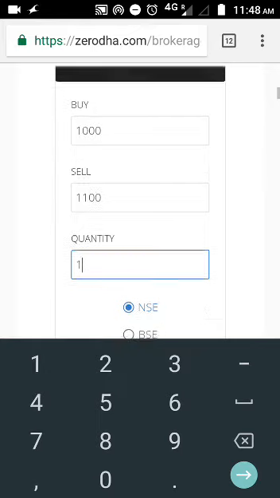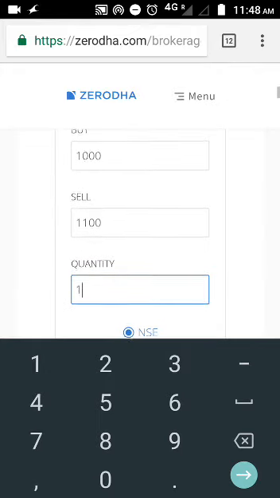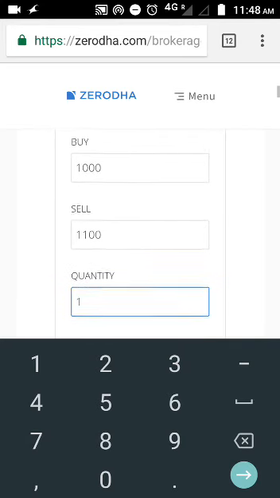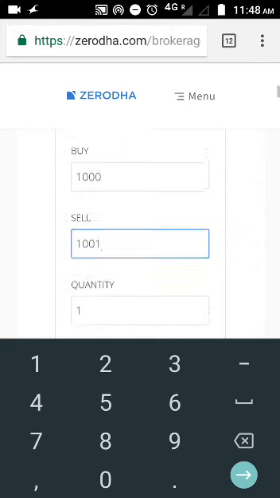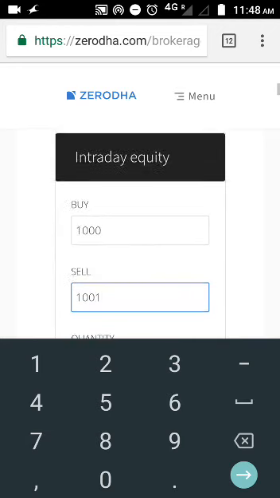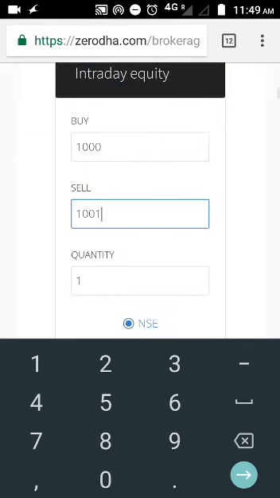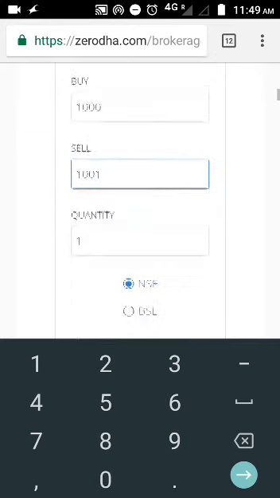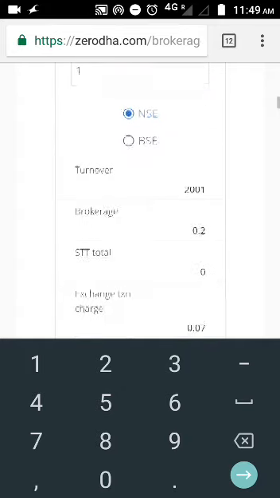Delivery based means you are holding it today and selling it on another day, be it tomorrow or some other day. Brokerages do differ, however, with Zerodha, the brokerages are the same for F&O, futures and options. That means the brokerages will be the same whether you hold it today and sell it tomorrow, or buy and sell the same day. So I'm just going to give you an example first on stocks.